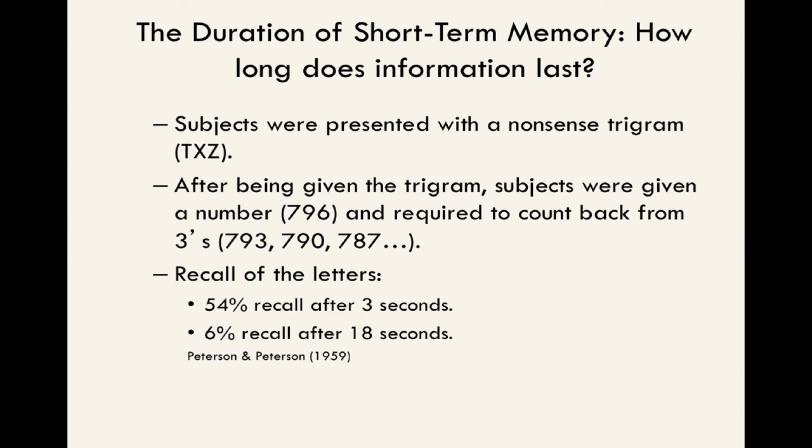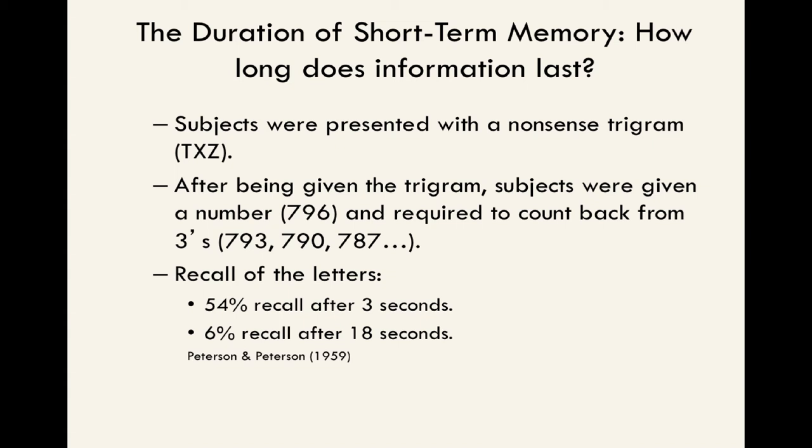So after being given these 3 letters, TXZ, the participants were given a number, 796 for example, and they were asked to count backwards in threes. The purpose of this is to make them concentrate and use up their short-term memory so they couldn't keep rehearsing TXZ, TXZ, TXZ, because you can't do that while you're doing mental math.